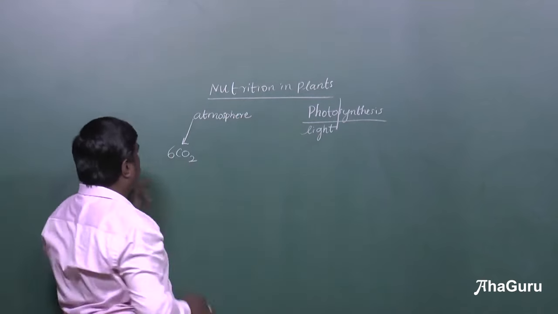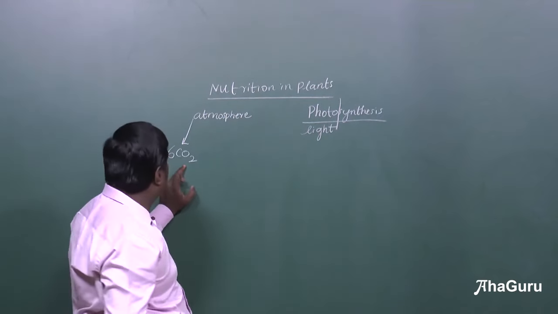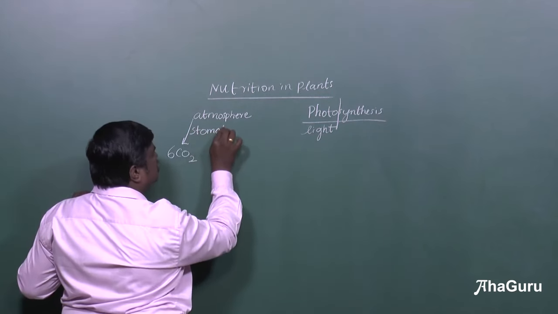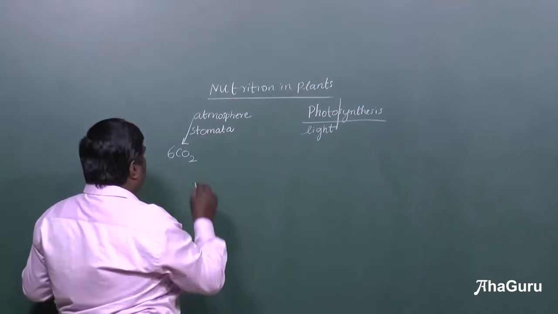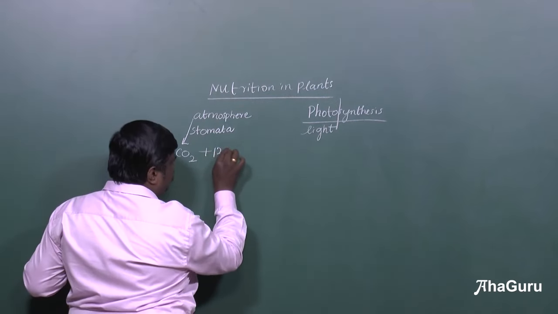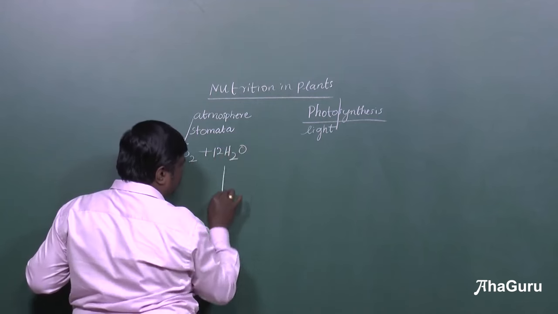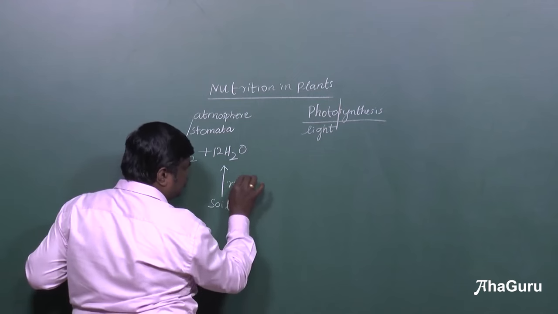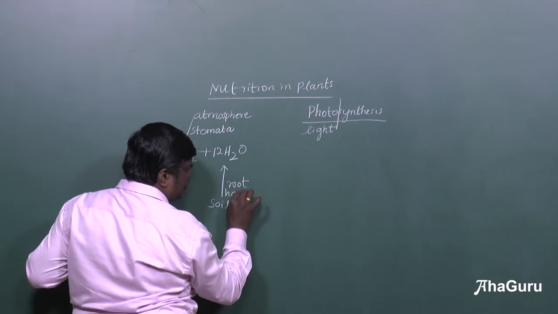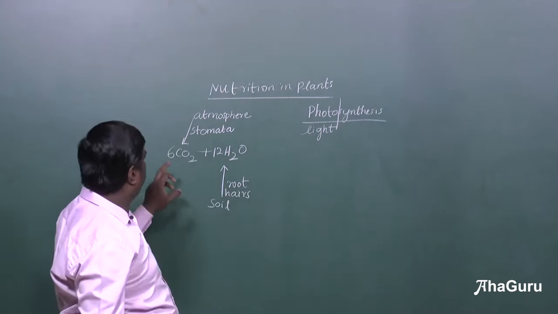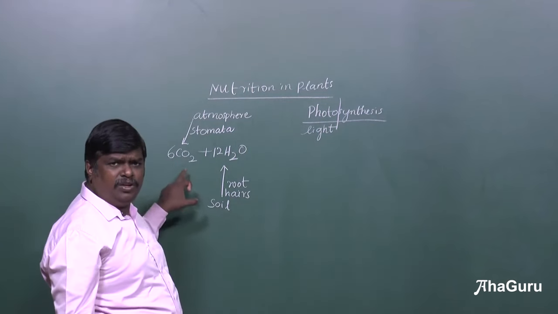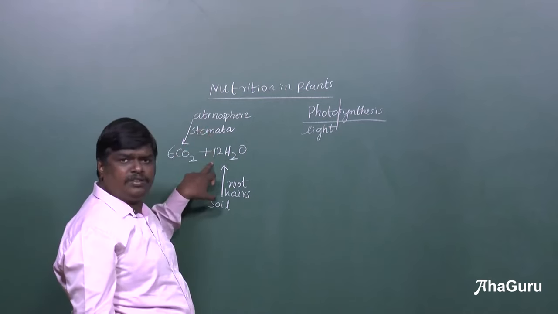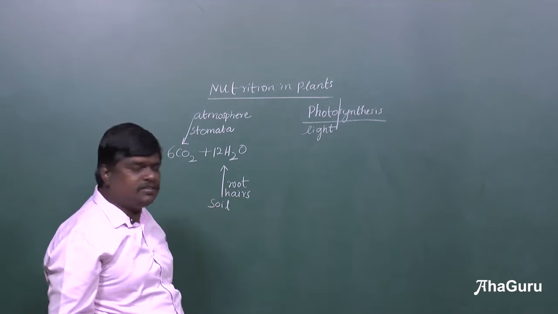It takes the 6 molecules of carbon dioxide from the atmosphere with the help of small pores called stomata, plus 12 molecules of water that it absorbs from the soil with the help of root hairs.